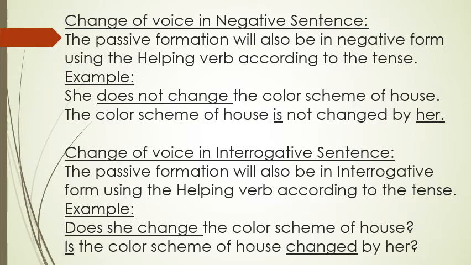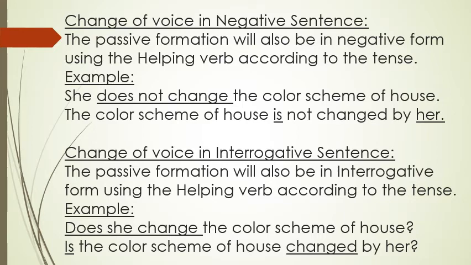Now moving to the interrogative sentences. The passive formation of the interrogative sentences will also be in interrogative, using the helping verb according to the tense. Now we know that there are two types of interrogative sentences, the one which starts with the helping verb and the other which starts with the WH words.